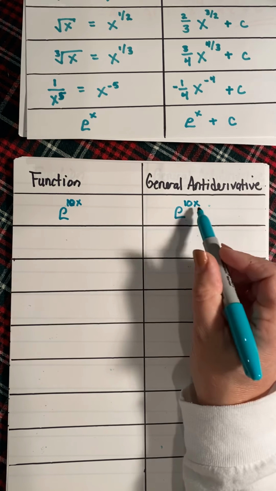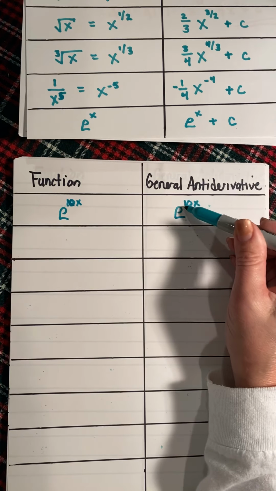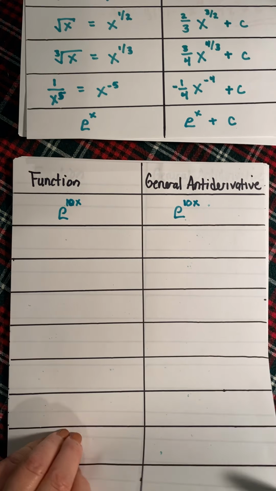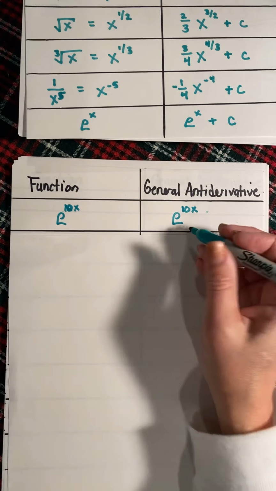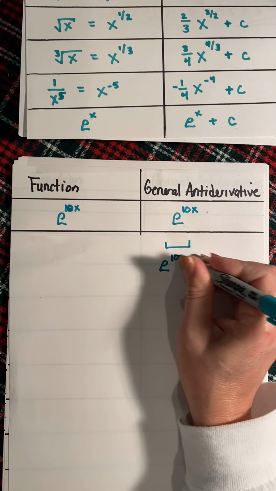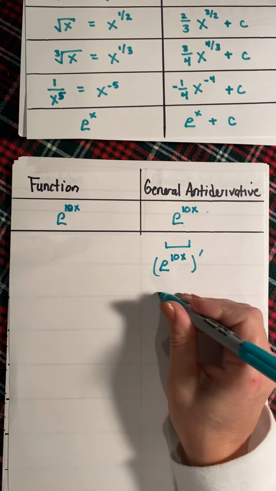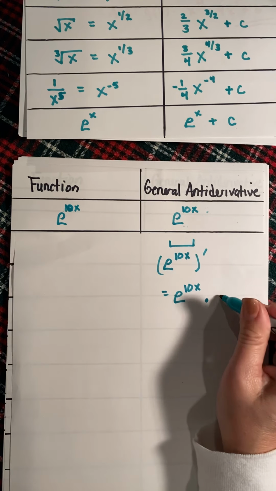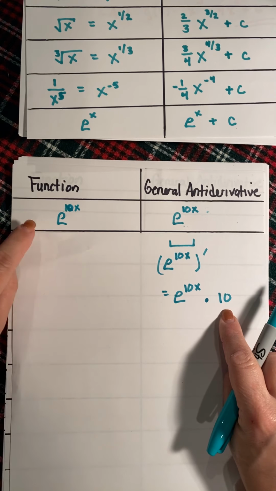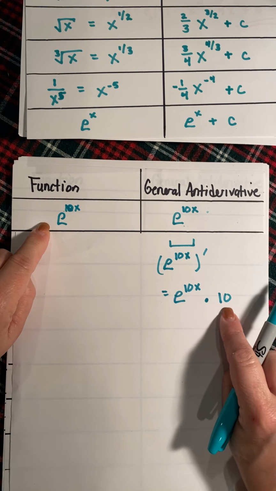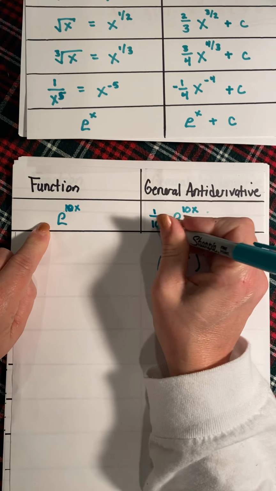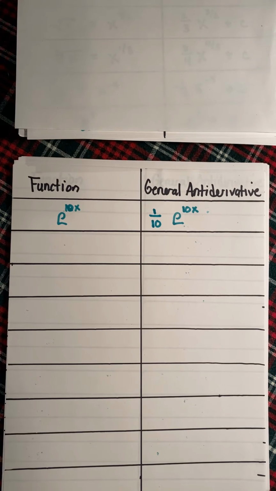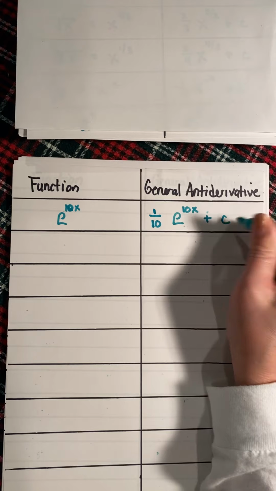The derivative of e to anything is just e to the anything times the derivative of that anything. So the derivative of e to the 10x brings out a 10. The problem is I don't have the 10 here, so in order to negate this 10, I'm going to throw a 1/10 out front. So the antiderivative of e to the 10x is 1/10 e to the 10x plus the constant.